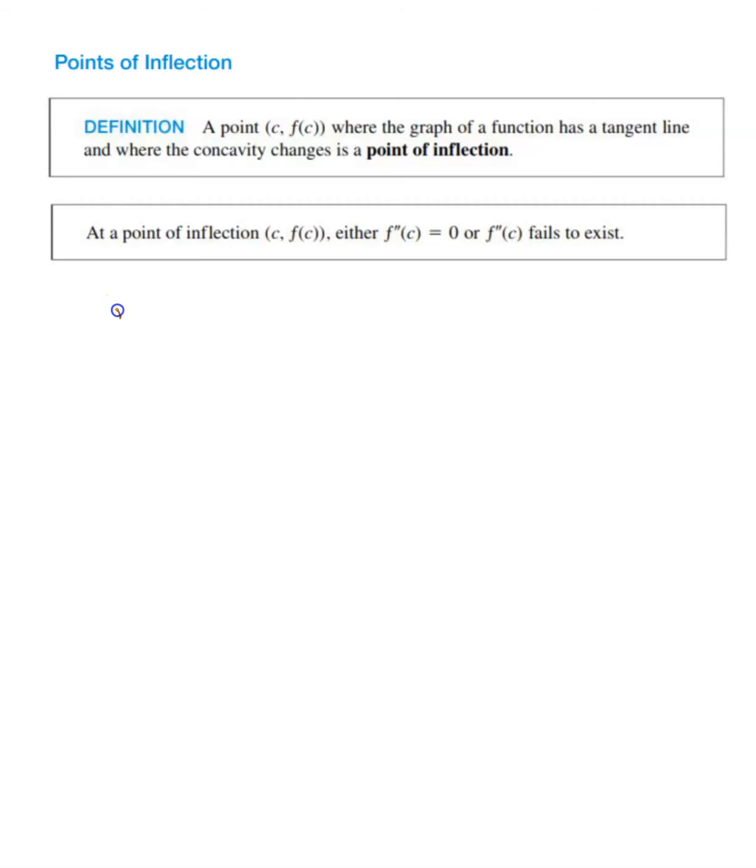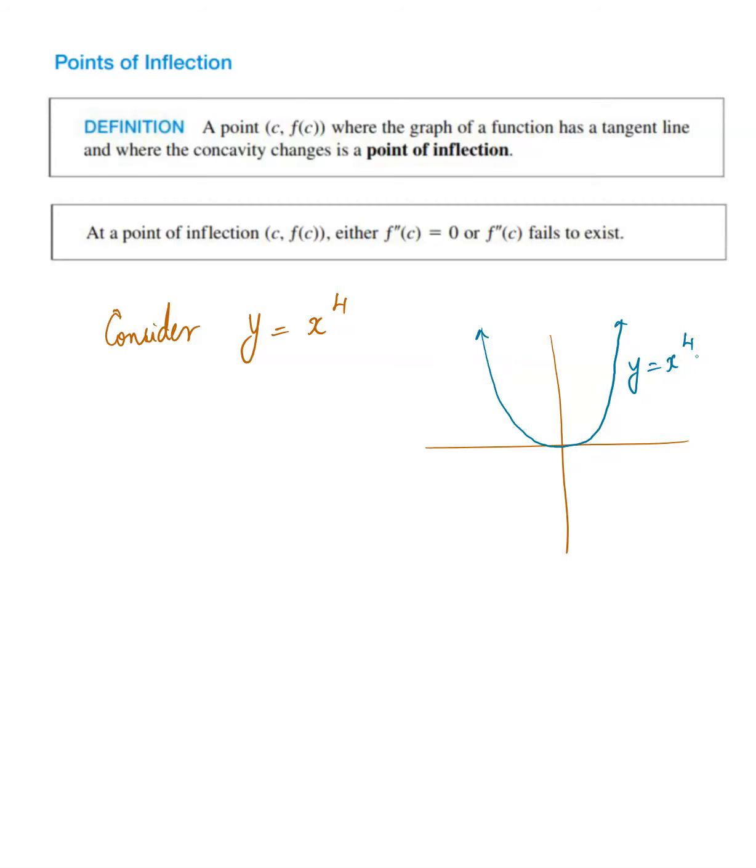Consider the graph of y equals x power 4. Yeah. So y equals x power 4 is going to be like a parabola, but it's going to be really flat at 0. Now, what happens to the concavity?